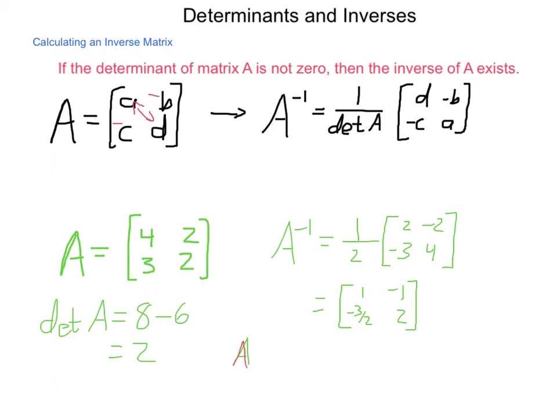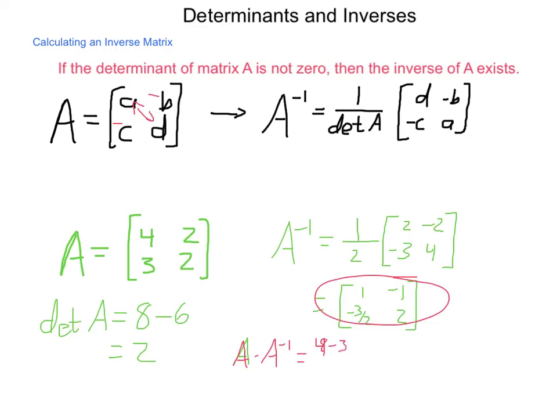Let's try A times our proposed A inverse, which would be row 1, column 1. Oh, I suppose it helps if I use the simplified form. So 4 times 1 is 4. 2 times -3 halves is -3.